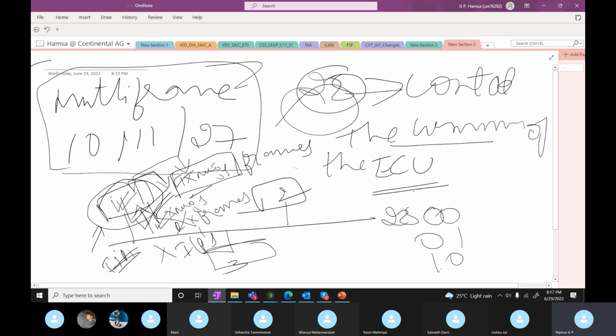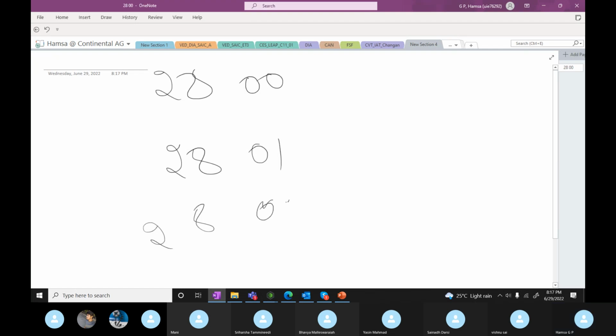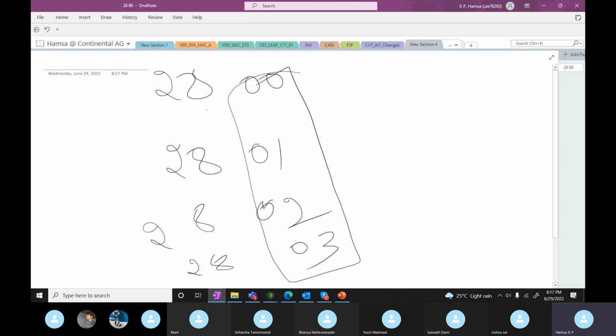The sub functions are 00, 01, 02. So 28 00, 28 01, 28 02. By using these sub functions, we can control the communication of the ECU.